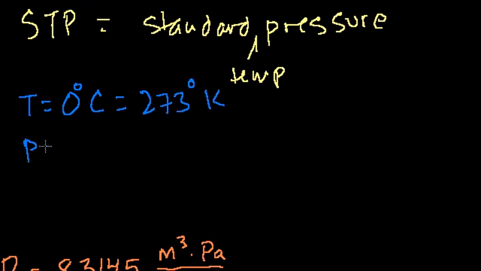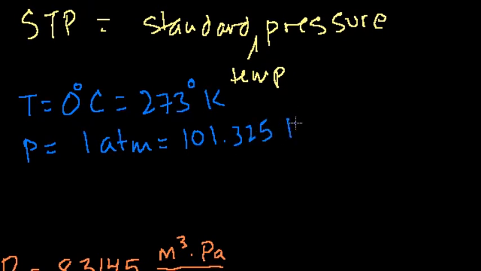And pressure, we're assuming, is 1 atmosphere, which could also be written as 101.325 kilopascals. So my question is, if I have an ideal gas at standard temperature and pressure, how many moles of that do I have in 1 liter?